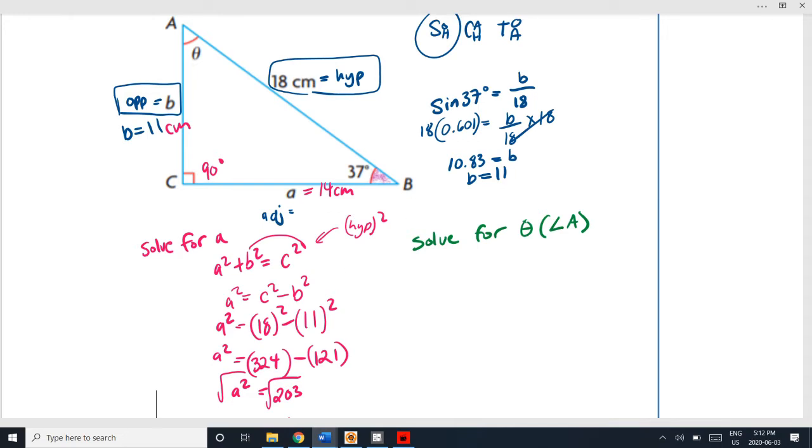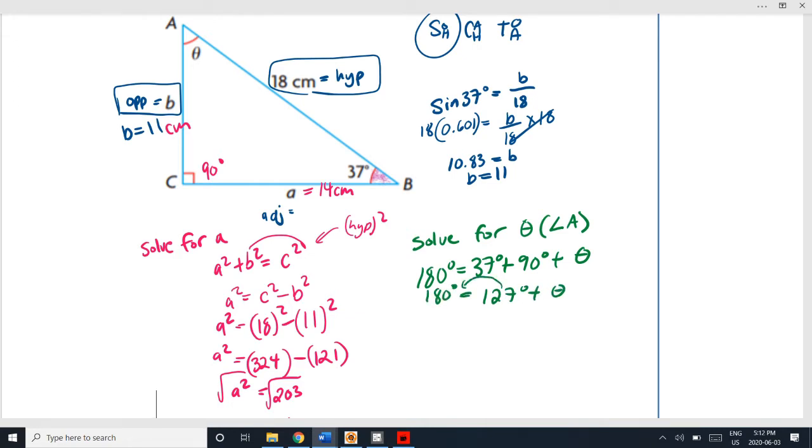Okay, so we know altogether all three angles have to equal 180 degrees. So 180 degrees is equal to 37 degrees plus 90 degrees plus our angle theta. So we can just solve these two and then move it over to the other side. 37 plus 90 is 127 degrees, plus theta, is equal to 180 degrees.